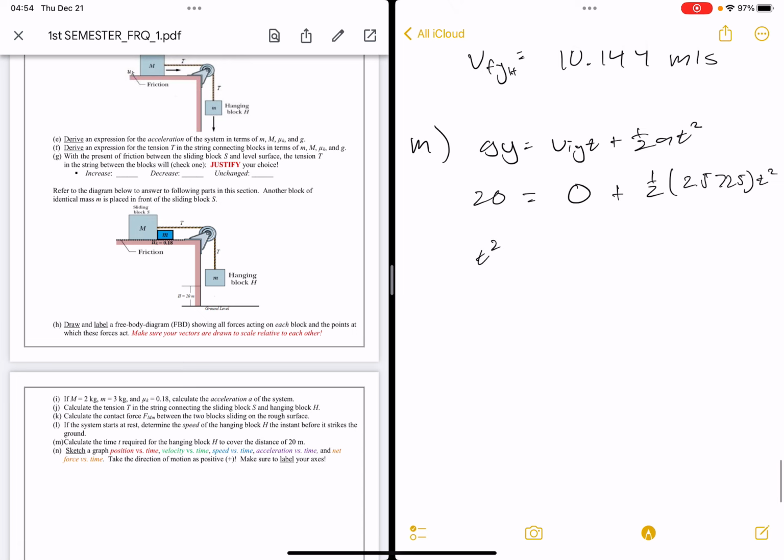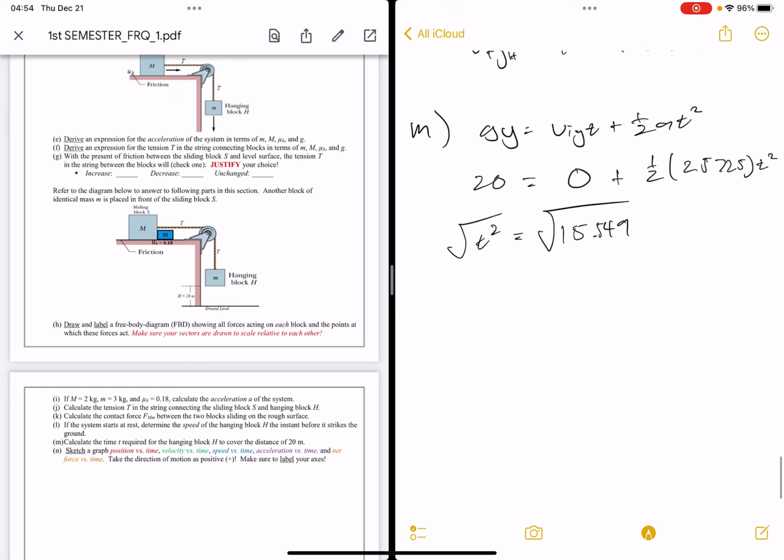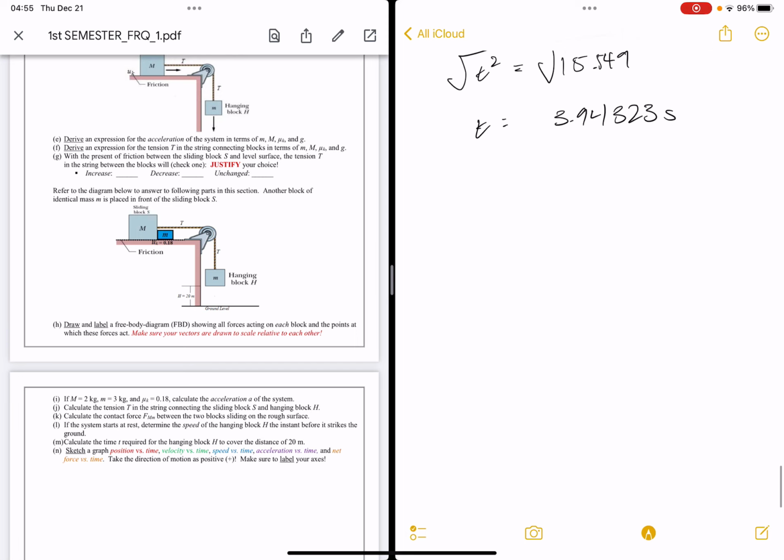We get t squared equals 15.4549. Let's square root both sides. We get t equals 3.943323 seconds.